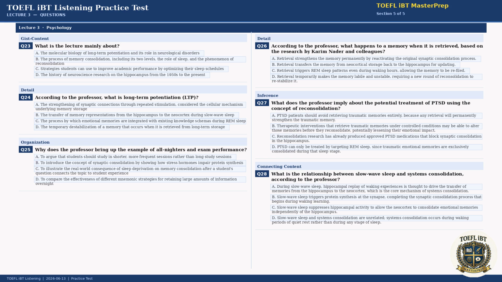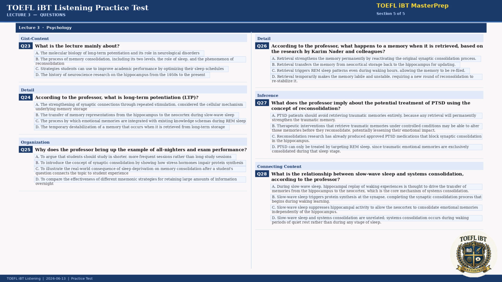This replay is thought to drive the transfer of memory representations from the hippocampus to the neocortex. Essentially, sleep is doing the filing work that moves information into permanent storage. REM sleep, on the other hand, seems particularly important for emotional memory consolidation and for integrating new information with existing knowledge schemas.